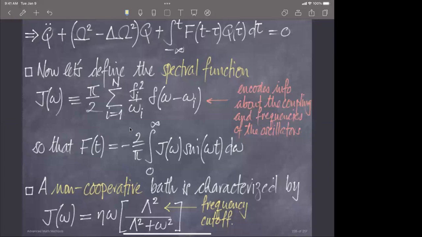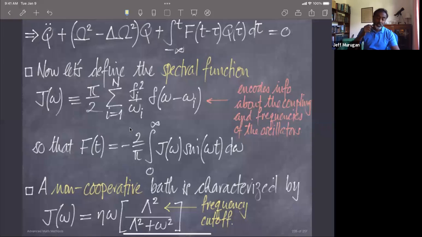Okay, is everybody with me? Yeah, I have one question regarding the memory function. What does it remember? Why is it called a memory function? Okay, so the memory function codes for us, it remembers the way the system behaves for different couplings of the problem.